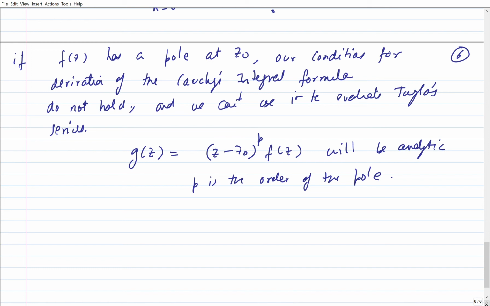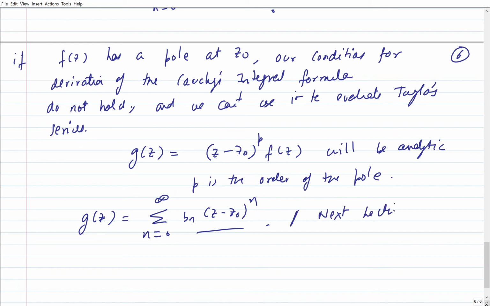So then we can write a Taylor series for g(z), something like that. But let's do it in the next lecture, which is going to lead us to Taylor series and Maclaurin series and so on and so forth.